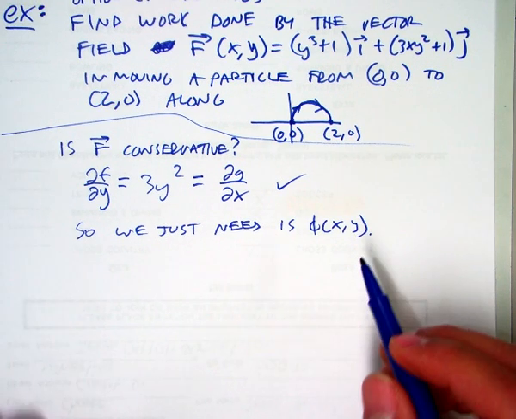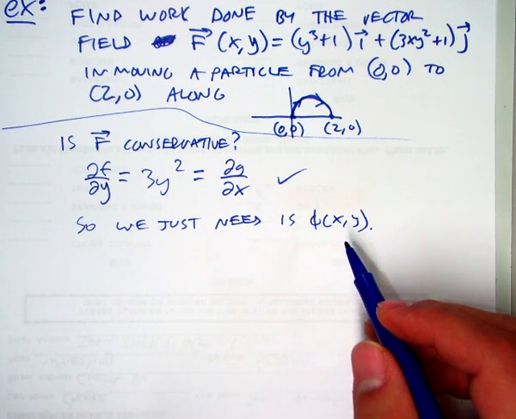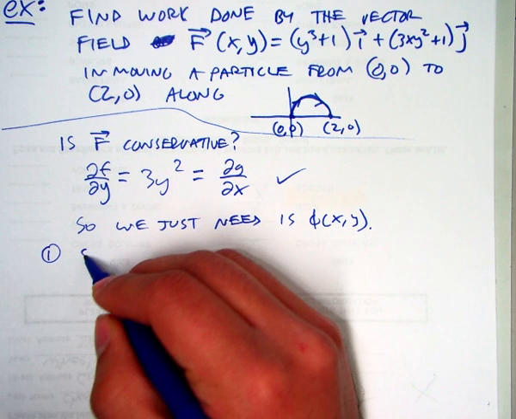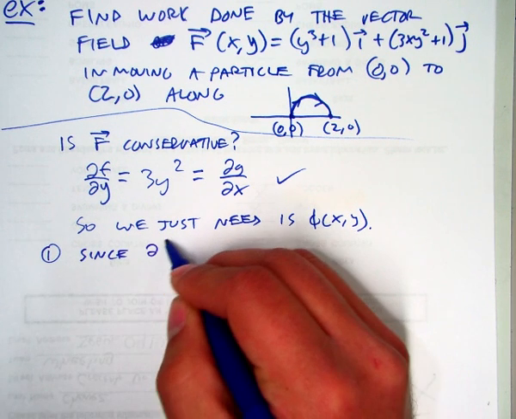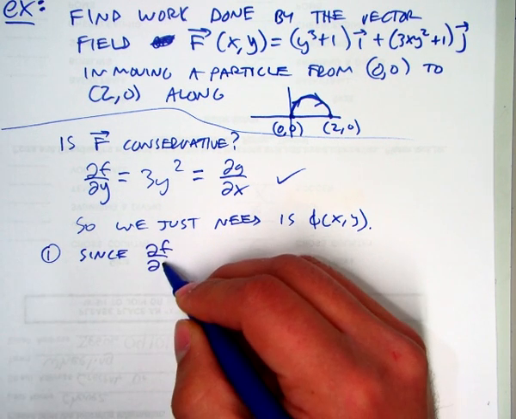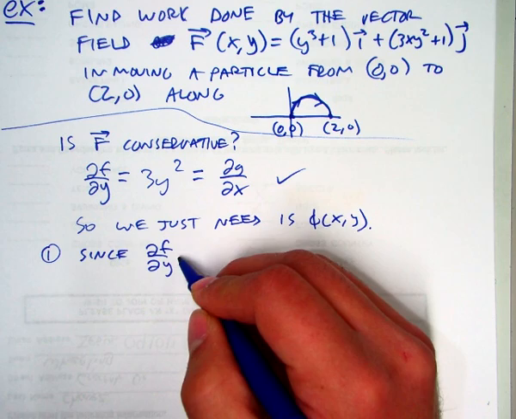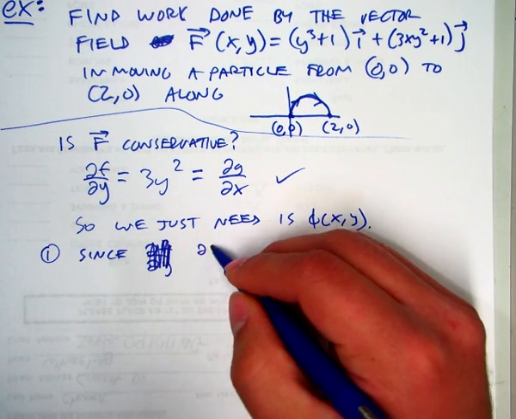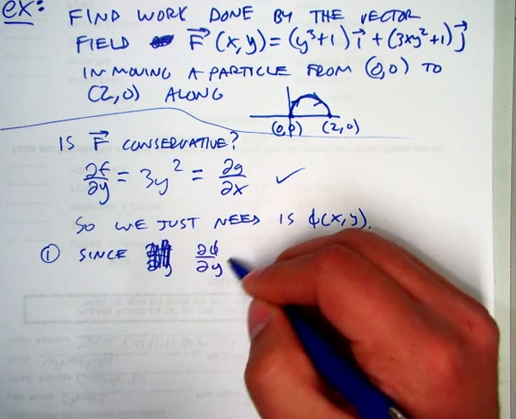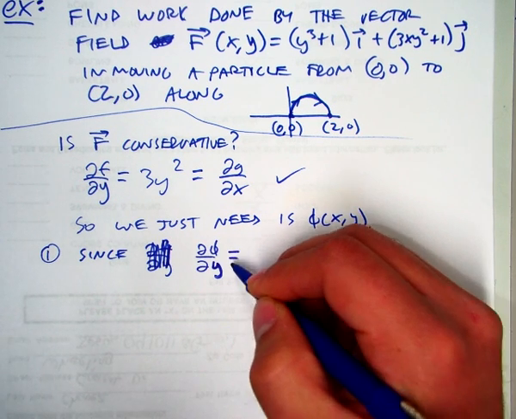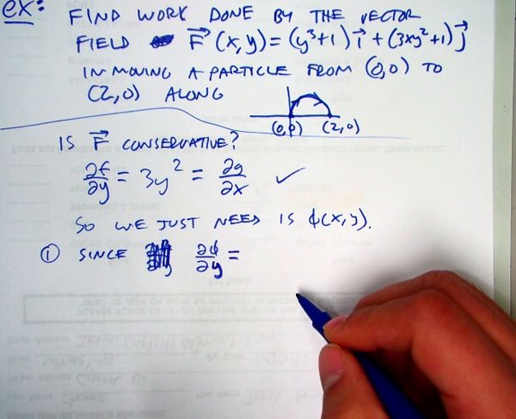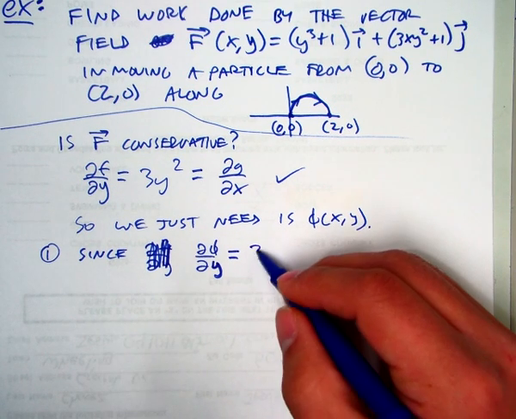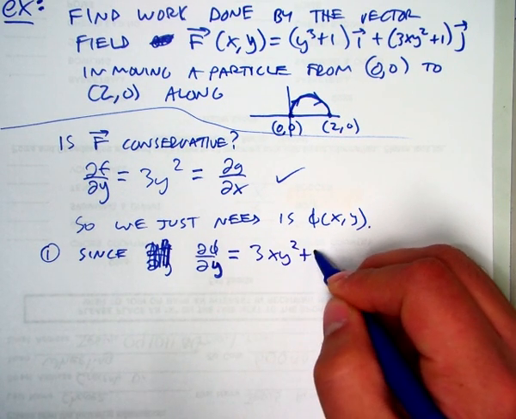So, since we have that partial phi, partial y is what? 3xy squared plus 1.